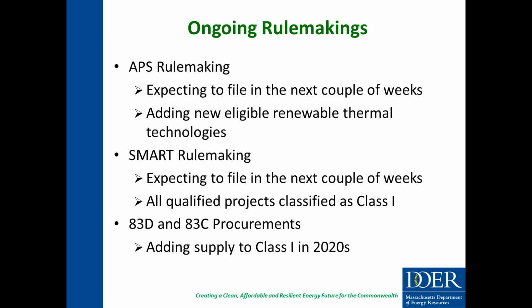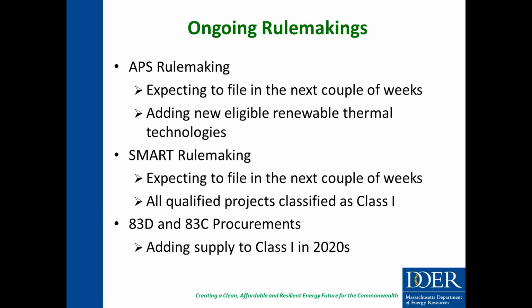The SMART rulemaking, the new solar incentive rulemaking, we're also expecting to file within the next couple weeks. That will likely not be effective until next year, but all qualified projects under the SMART program will be classified as Class 1 projects. Another thing to keep in mind is the competitive procurement through 83D and 83C.